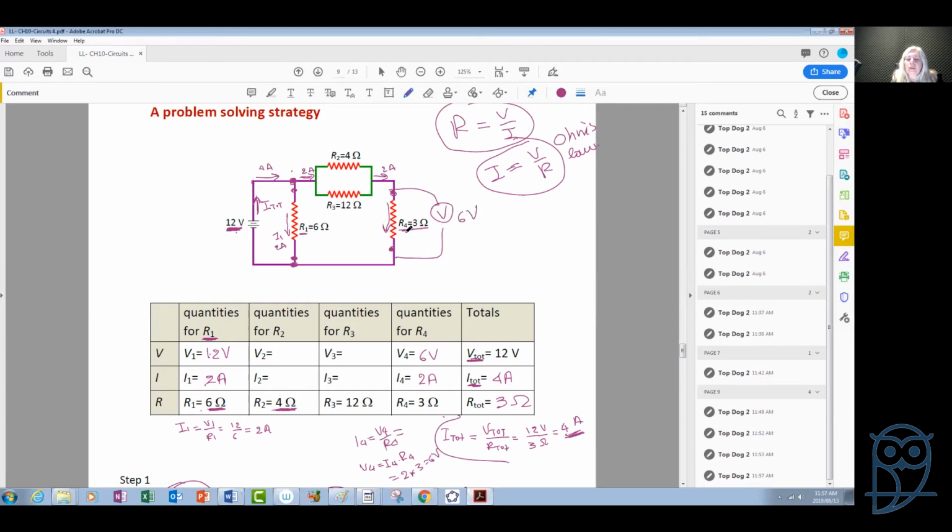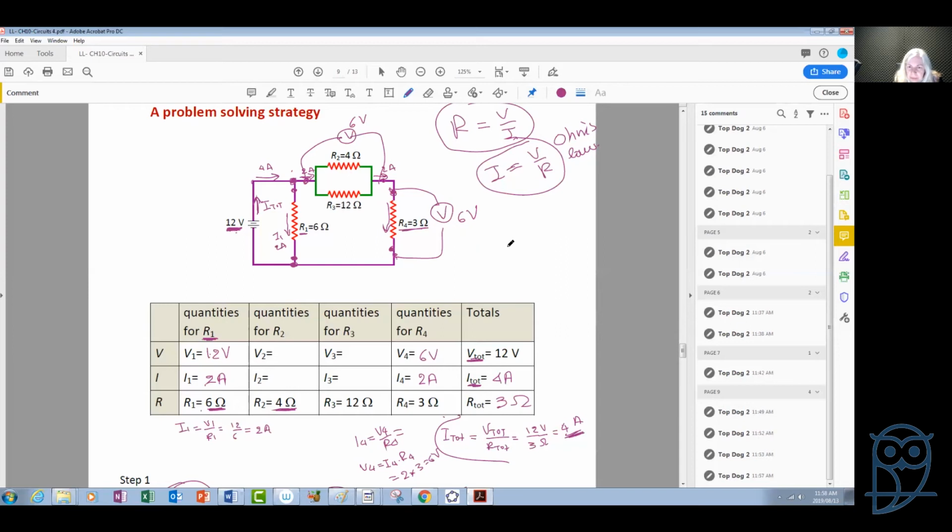Now, we know this potential difference is 6 volts, and the potential difference across the resistor R1 is 12 volts. So the potential difference across this branch would also be 6, because 6 volts plus 6 volts altogether make 12 volts.